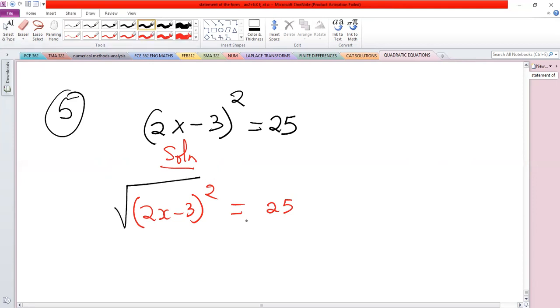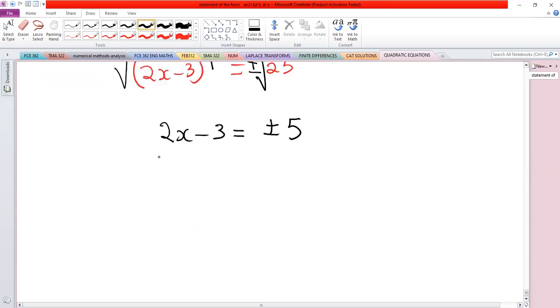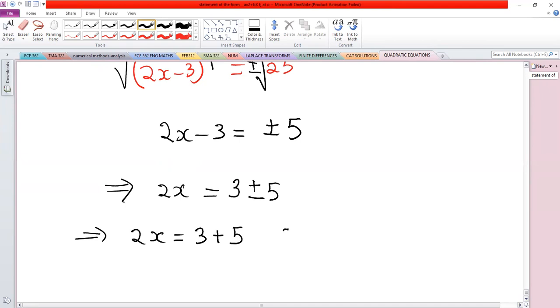So square root and then square root. But remember, square root is plus or minus. So this square and this cancel out. So it'll be 2x minus 3 equals plus or minus 5. Which means 2x equals 3 plus or minus 5. So 2x equals 3 plus 5, or 2x equals 3 minus 5.